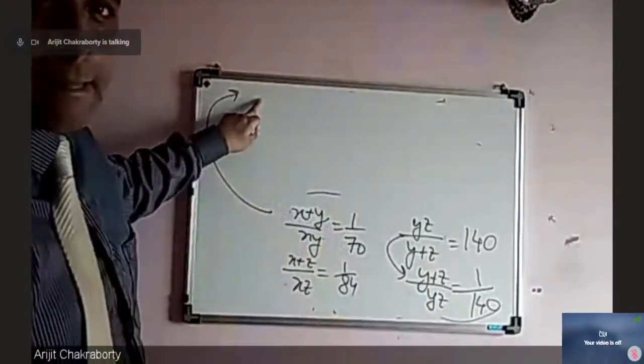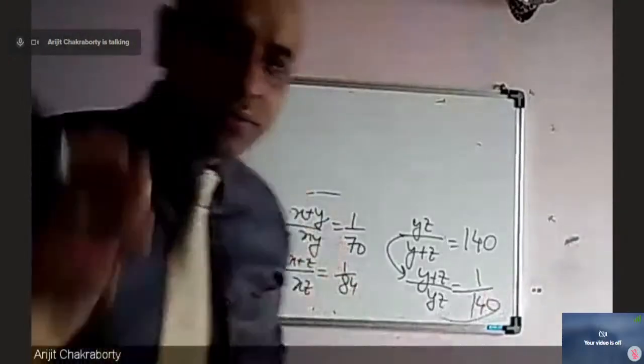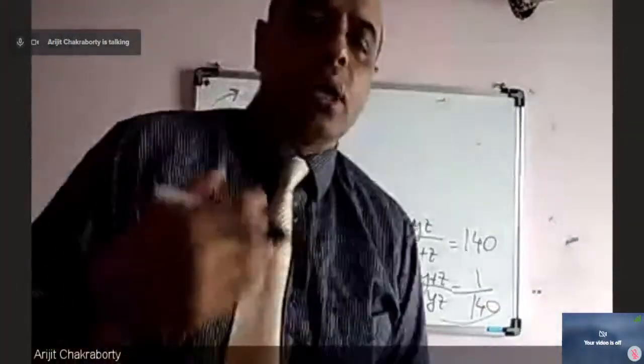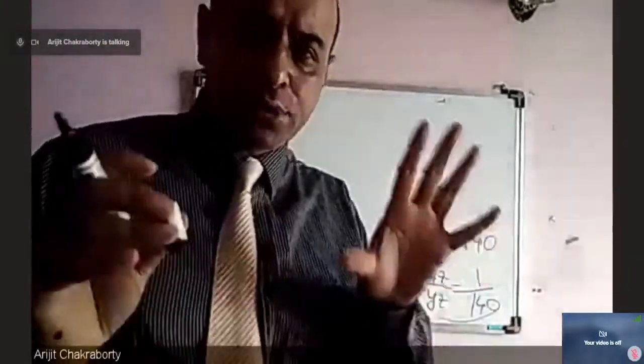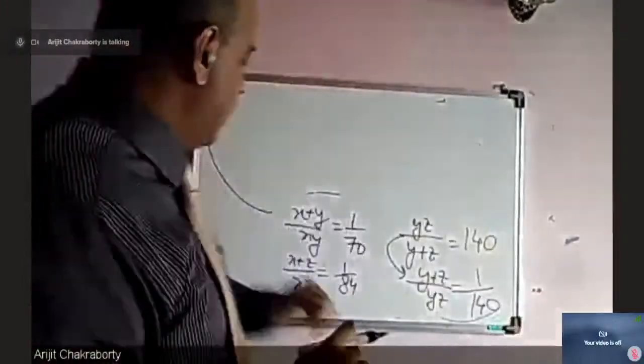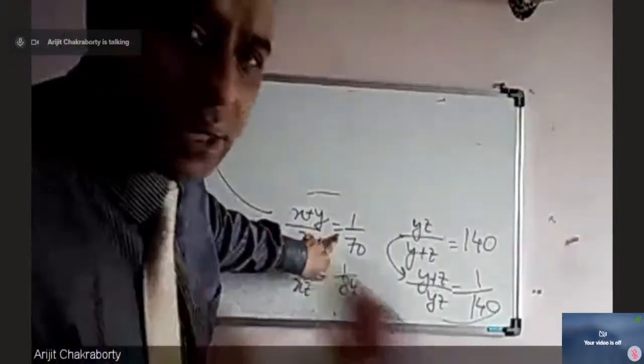(x + y)/xy, if you break it, I think this is where many of you could not understand when I discussed it last day. I am breaking it now and I am sure you will be very clear with this. (x + y)/xy equal to 1/70. What does it mean?